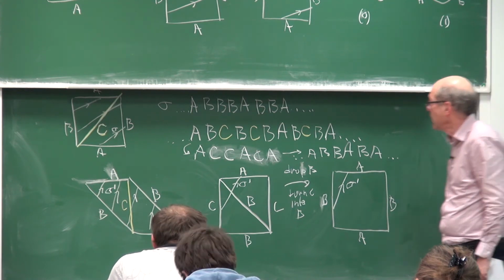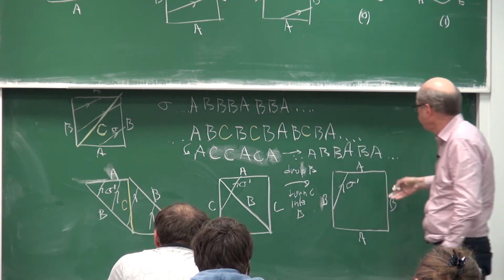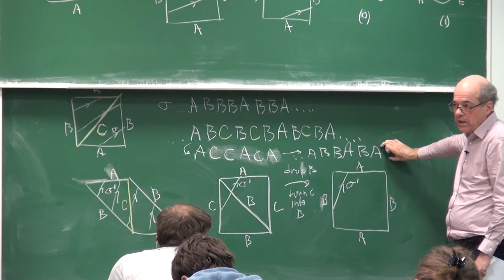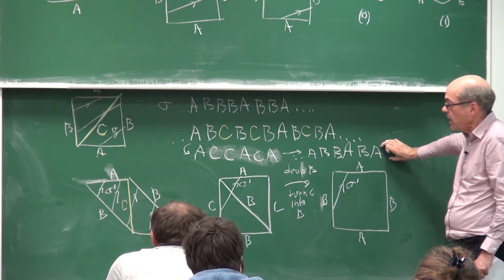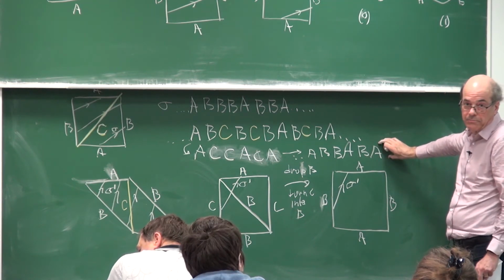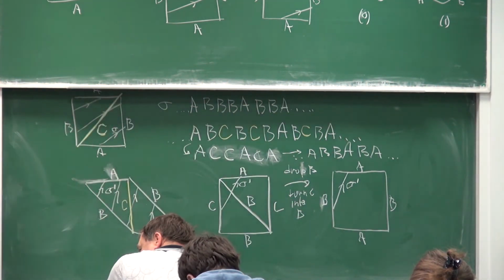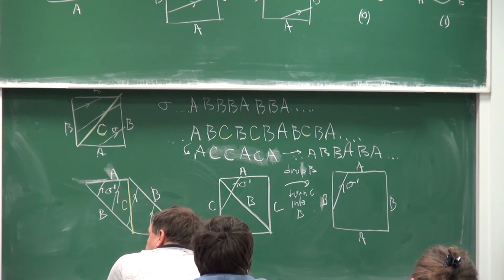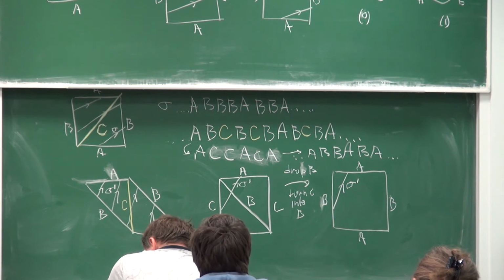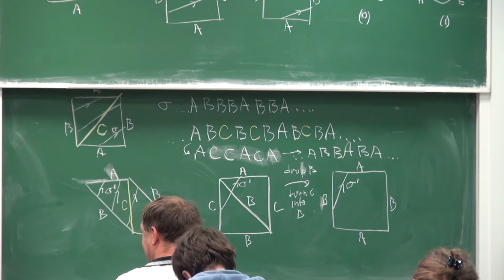So I have a purely combinatorial operation that I can do on sequences, and I know that once I've done this combinatorial operation, again I will get an admissible sequence of symbols. So let me summarize.